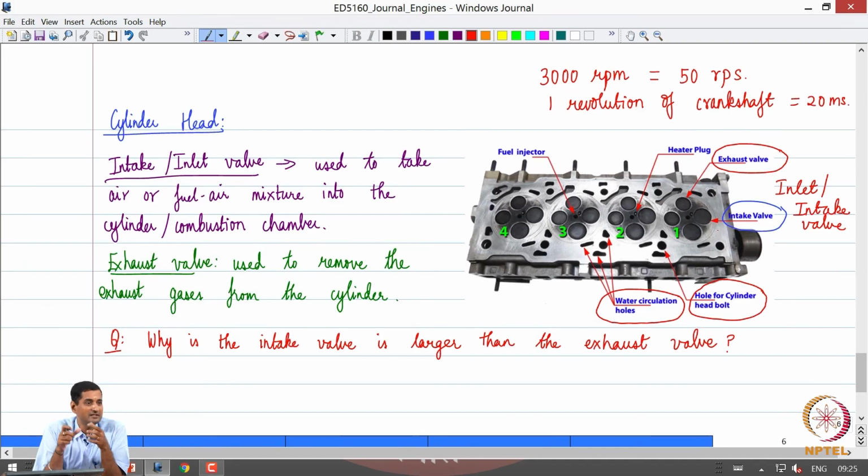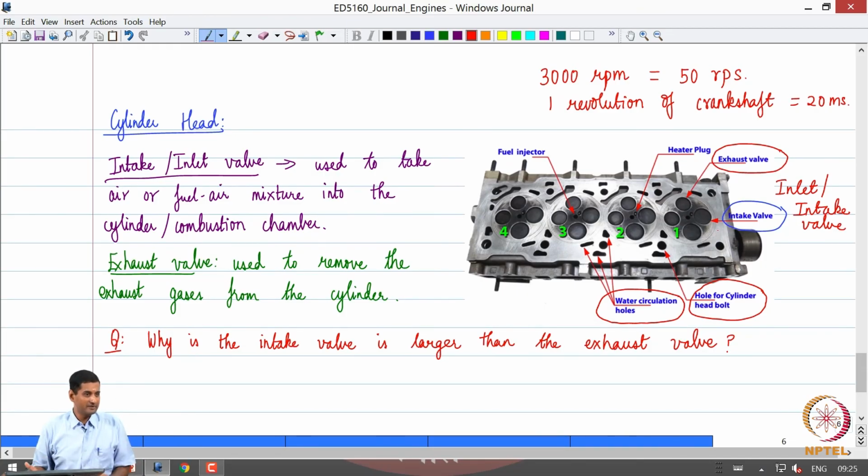Even in basic fluid mechanics, we would have studied pressure driven flows. Even if you use a simple Bernoulli's equation, you will see that if you consider a reservoir and a restriction, the speed at the restriction will be proportional to essentially the square root of the pressure difference between the 2 points, correct.